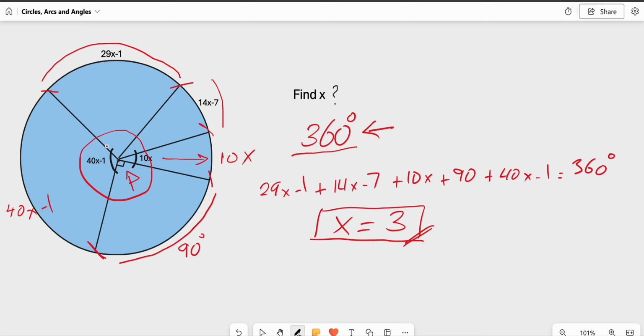So all these portions of arcs that create the total circumference of the circle should be equal to 360 degrees. So all we need to do is add all these arcs to 360 degrees, do this operation, and I'll leave it up to you.